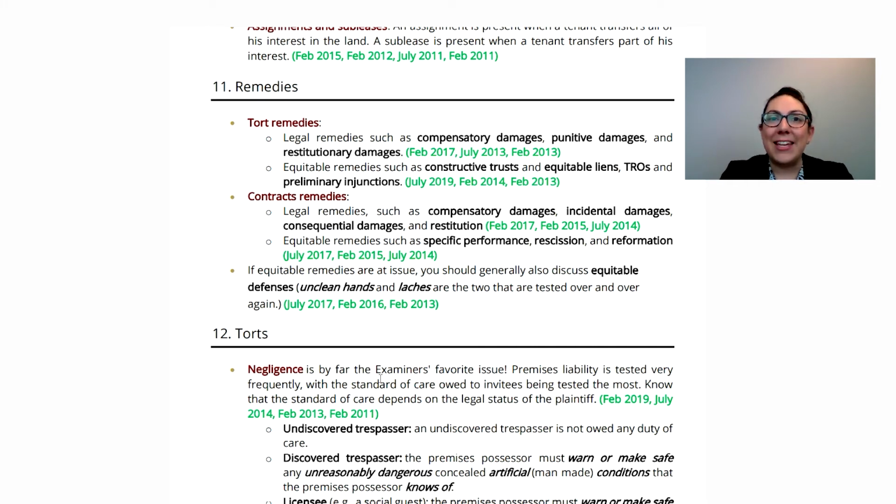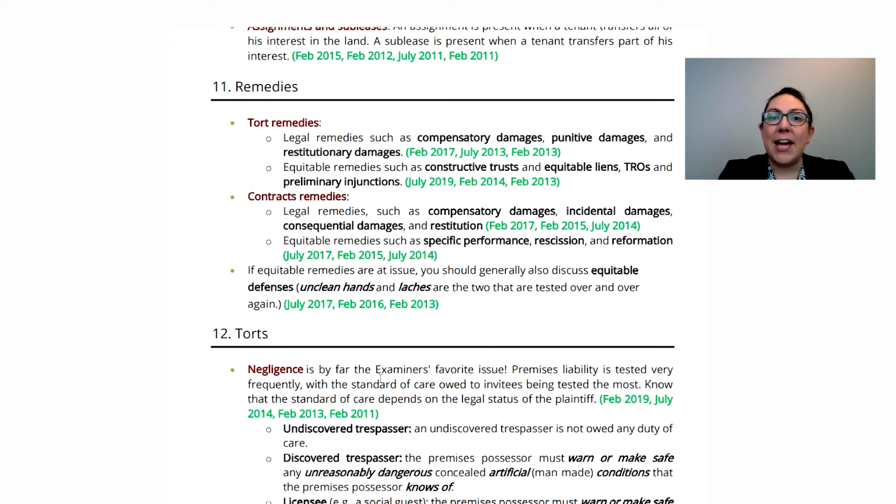The common things that they ask about in remedies are tort remedies and contracts remedies. And they may or may not call it a crossover question. You could have a question that is just remedies, and they focus on tort remedies, or they focus on contracts remedies, or they focus on both, but they just don't label it as a crossover. So just be aware that remedies questions might include facts from what appear to be other areas of the law.